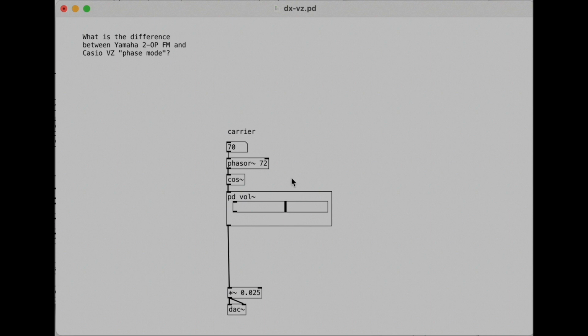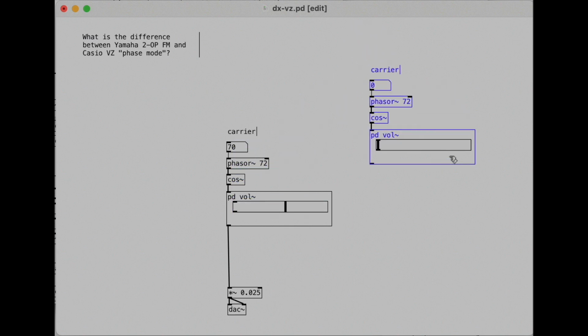Now what happens in FM synthesis is that you have two of these things. So let's duplicate this. Let's call this one the modulator. And here is the big secret, or the big trick.